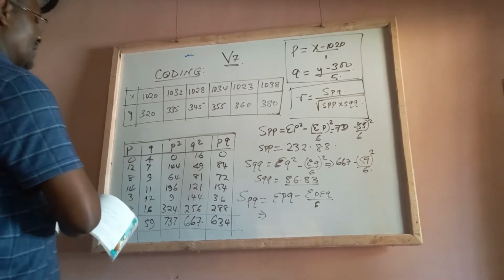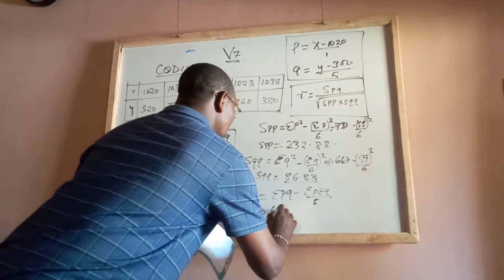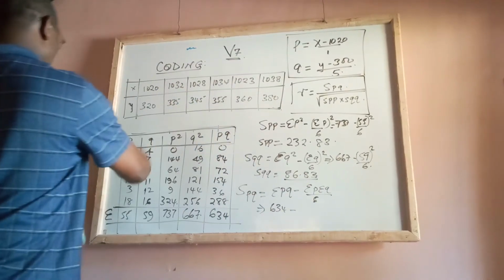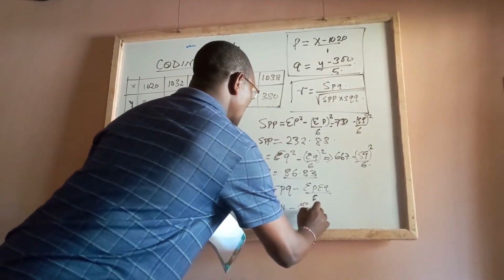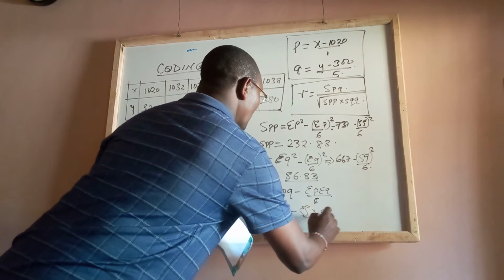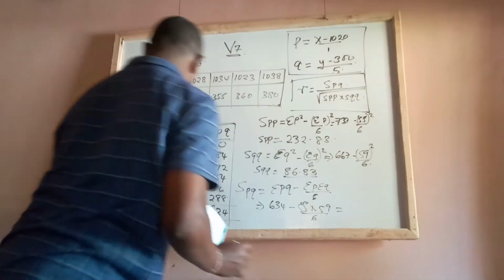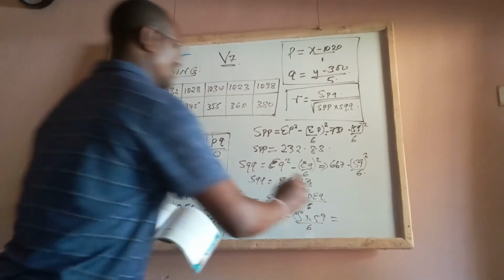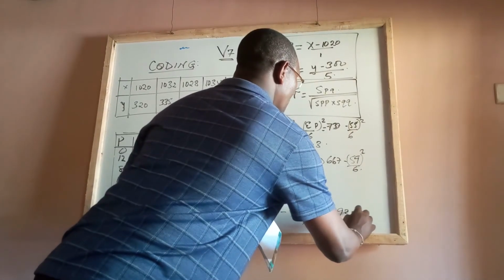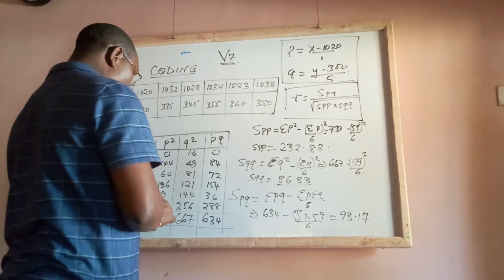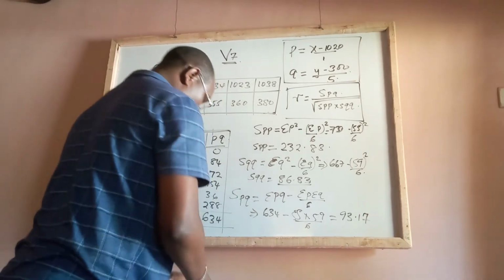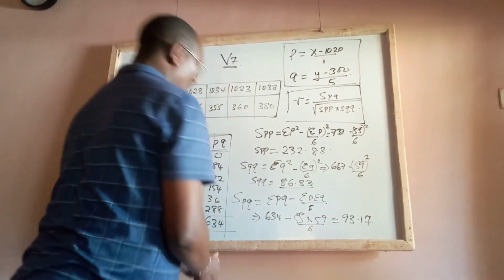Sigma PQ is 634 minus sigma P, which is 55, times 59, all over 6, which is going to give us 93.17.